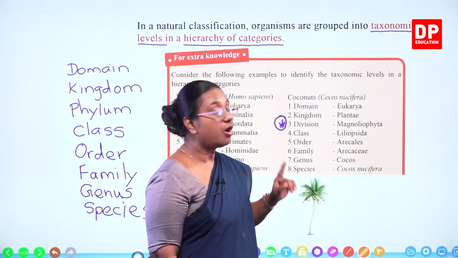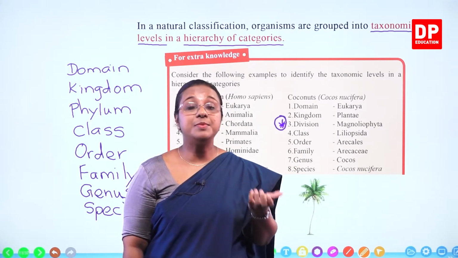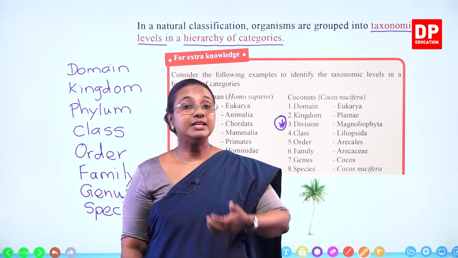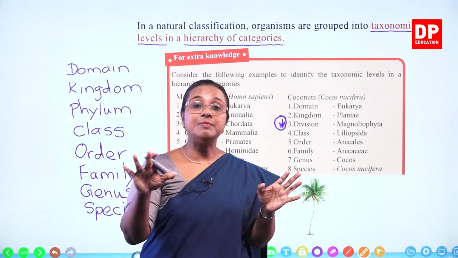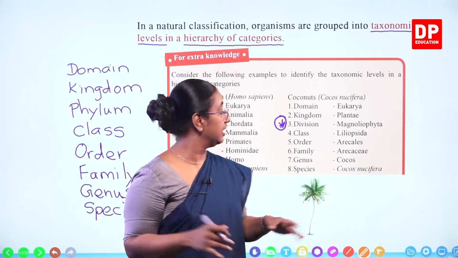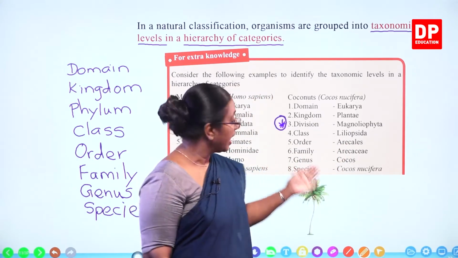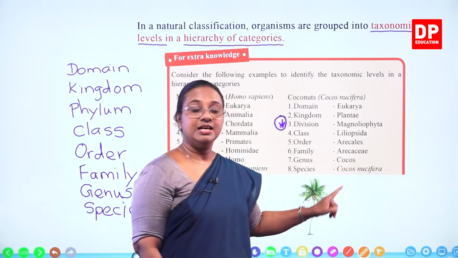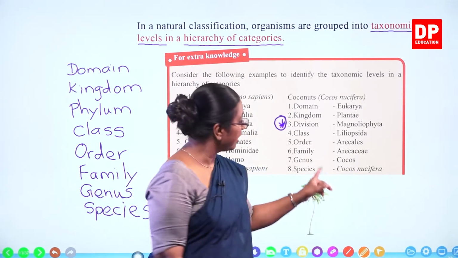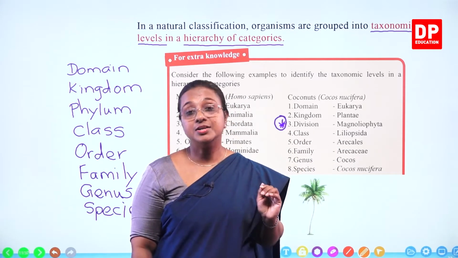Then we have the order Arecales. When we say Arecales, those are the palm type plants. Coconut, arecanut, palm tree, all of them are similar. Even if you look at the plants, you can see the similarity. So they all belong to order Arecales. Under that, we go to the family Arecaceae. Again coconut, arecanut come under Arecaceae, the coconut type palm trees.